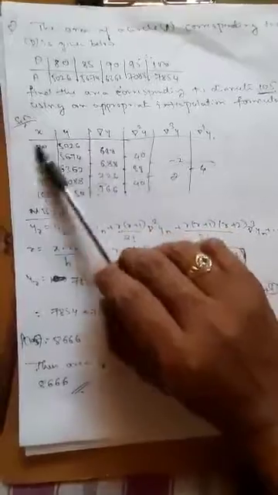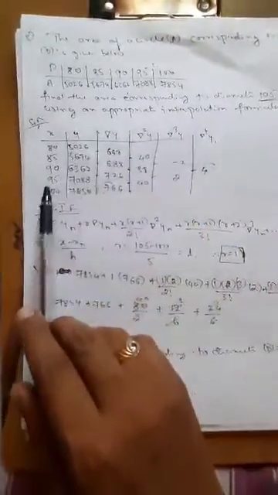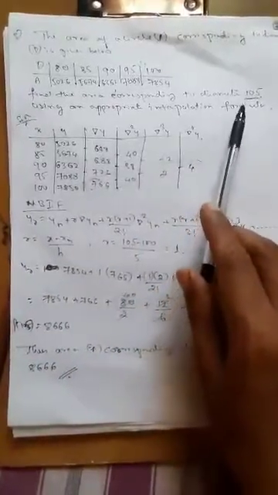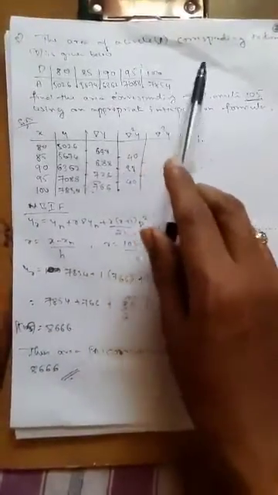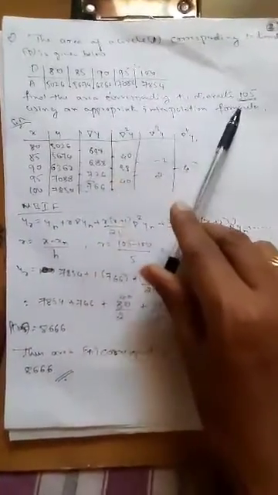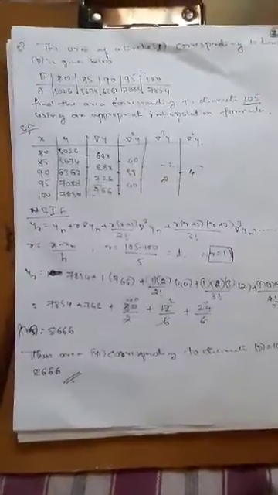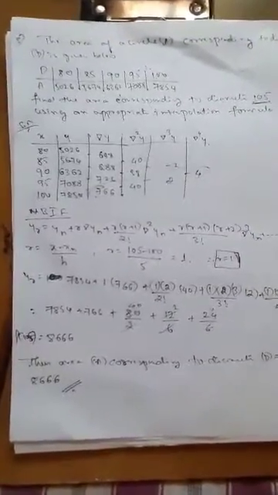The meaning of this is, if the diameter increases, the area of the circle also increases. Now 105 is outside the range. 80 to 100 is the given range, but 105 is outside it. So that we can call extrapolation.